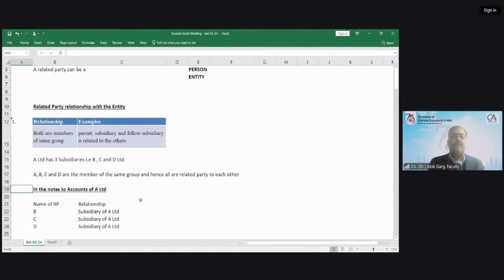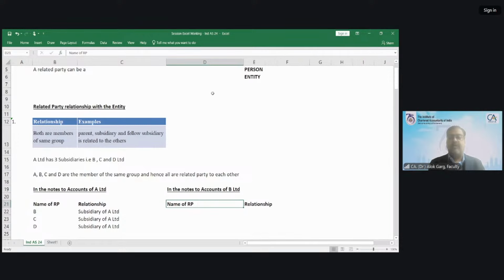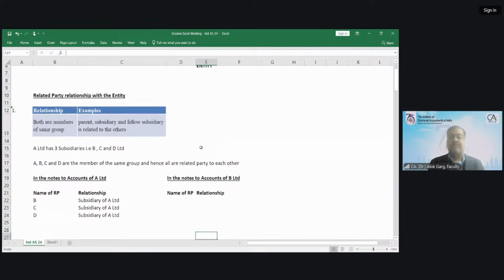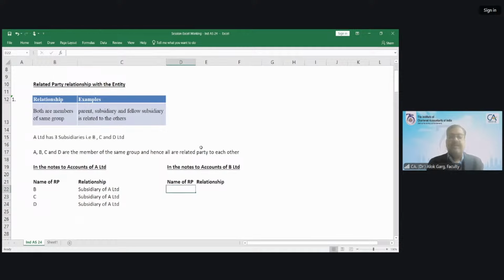Okay. In the notes to accounts of B Limited, who will be the related party? A Limited.